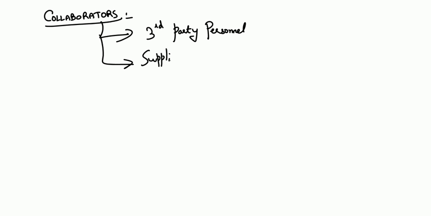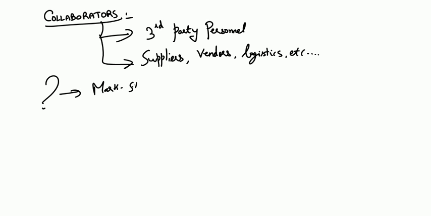These collaborators are third party personnel like suppliers, vendors, logistics, etc. Why do these collaborators make meaning to a marketing strategy?